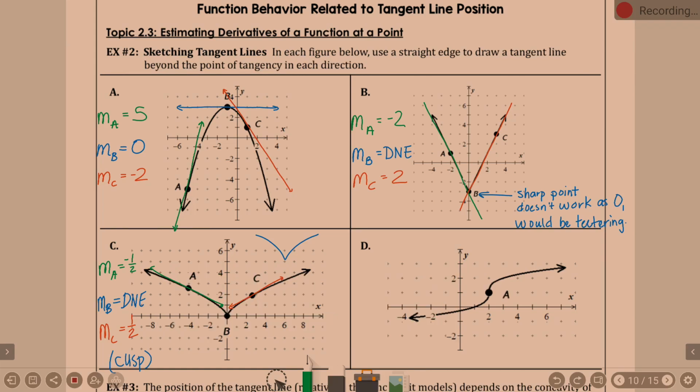Okay. Check your one. On D, we only have A, correct?